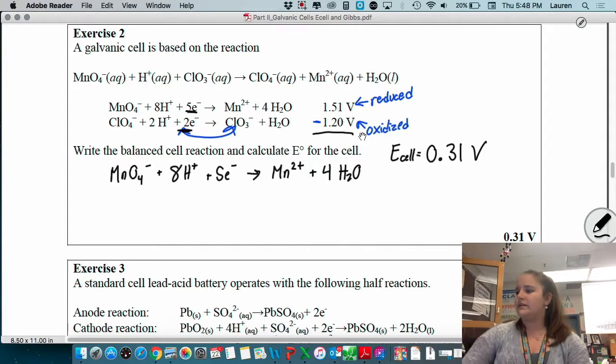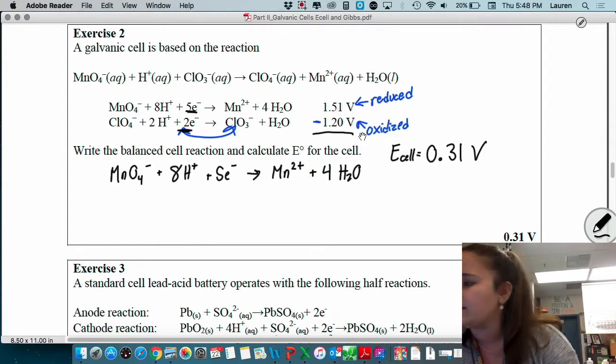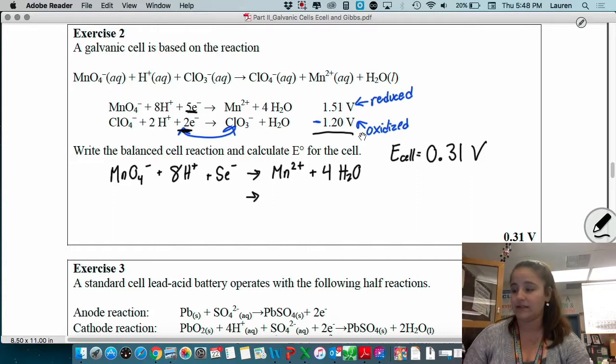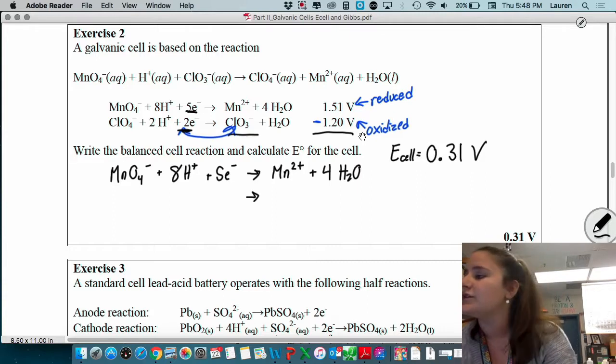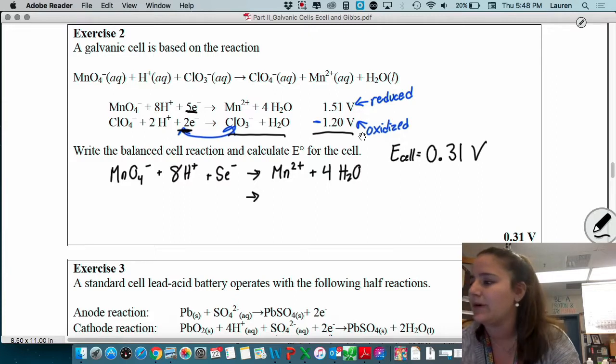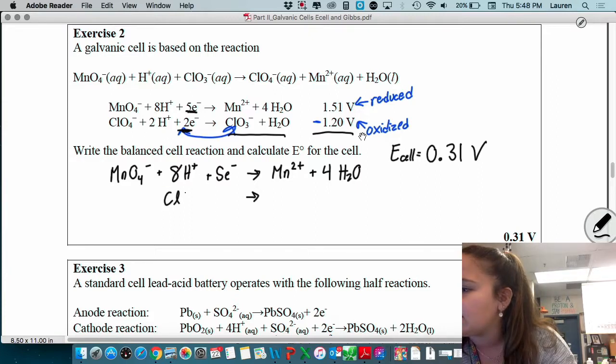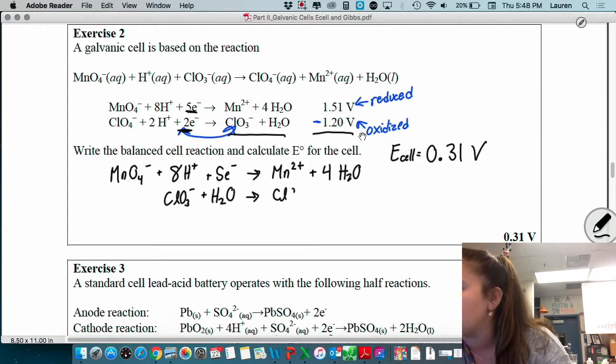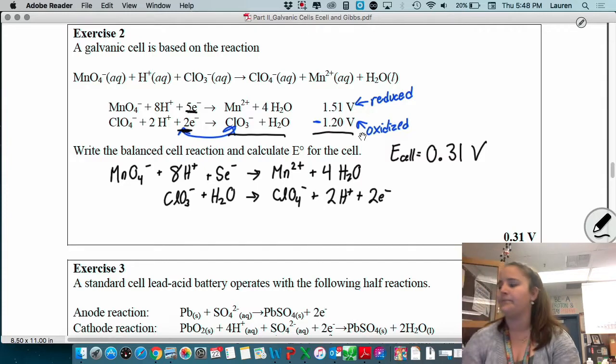Now let's write the other one, and I'm going to flip it because it's being oxidized. So the products become reactants. Now I have ClO3 minus plus H2O going to ClO4 minus plus 2H plus plus 2e minus.